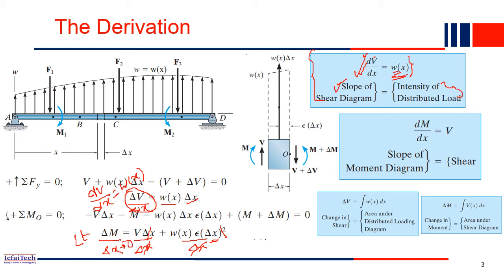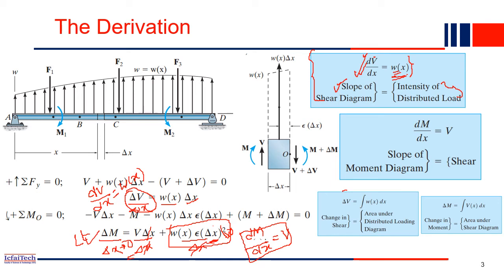Then this term will be multiplied by 0, so this entire term vanishes. Now what remains? dM by dx equal to V, right? That is another conclusion we got from this equation.